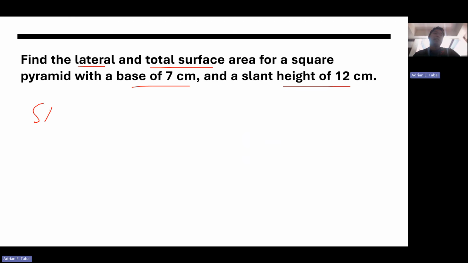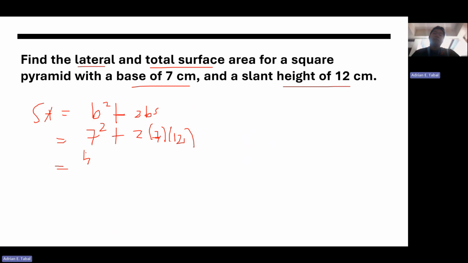So surface area is equivalent to b squared plus 2bs. Our b squared is 7 squared plus the slant height, it's 2 times 7 times 12.